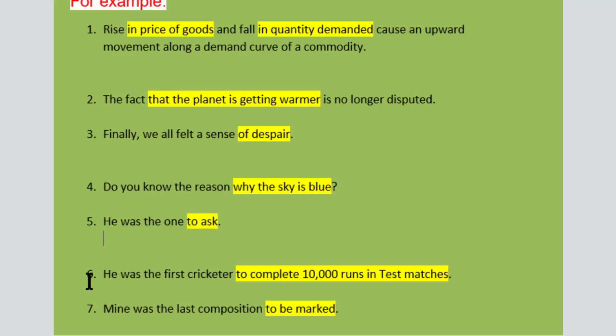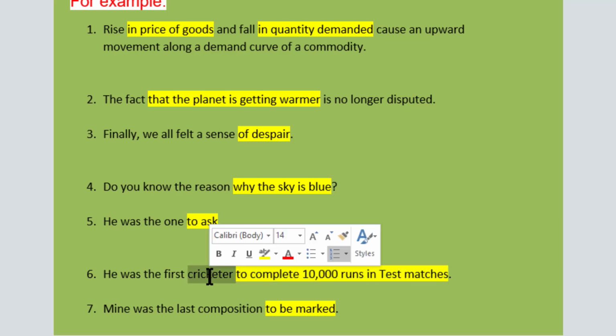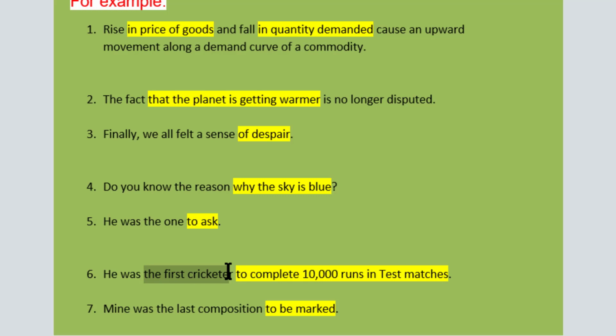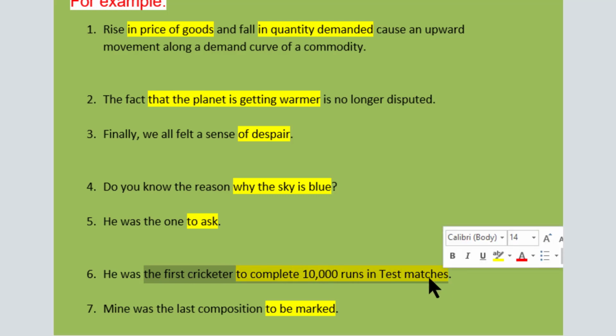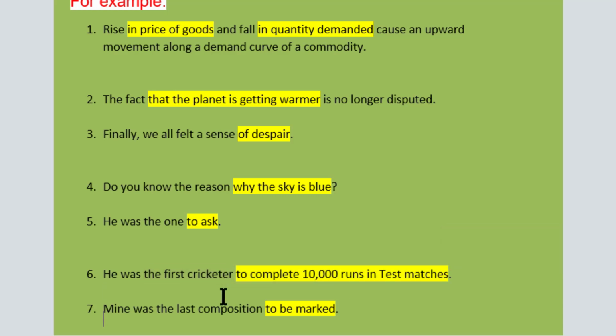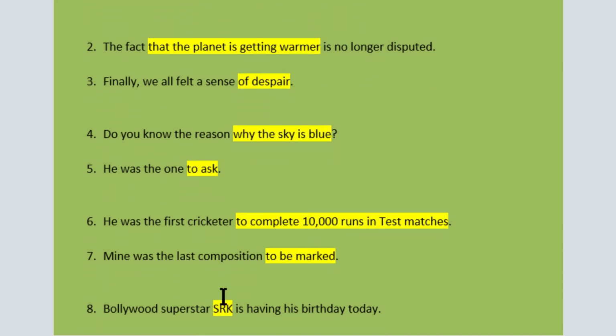See the sixth one. He was the first cricketer to complete 10,000 runs in test matches. Once again we have an infinitive complement of the head cricketer. Here this one is a noun phrase. See the seventh one. Mine was the last composition to be marked.